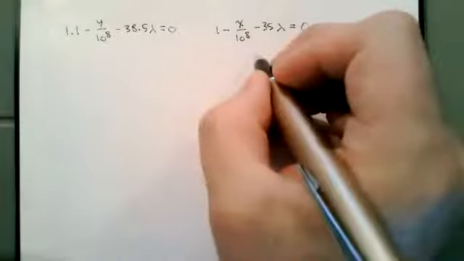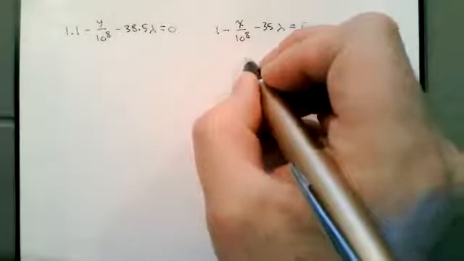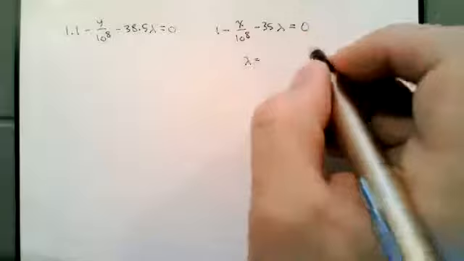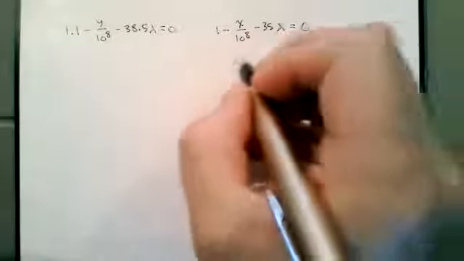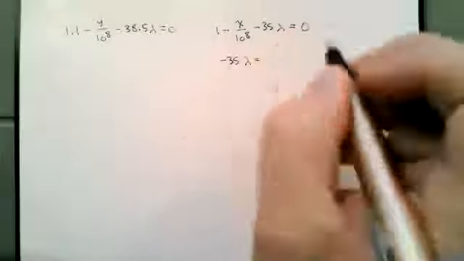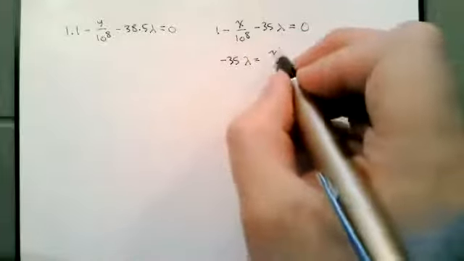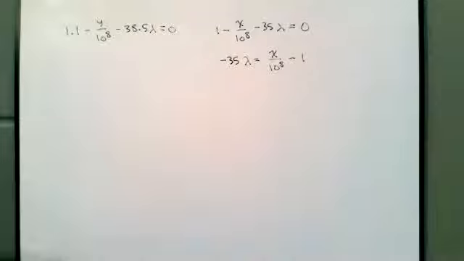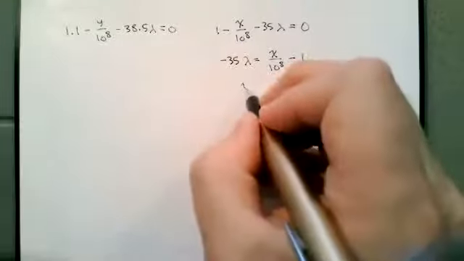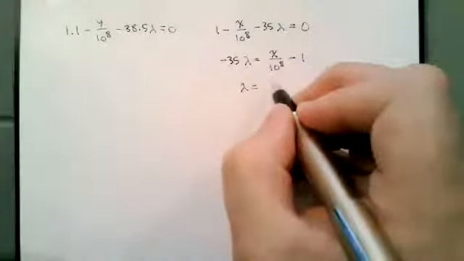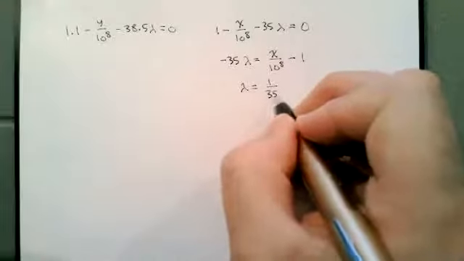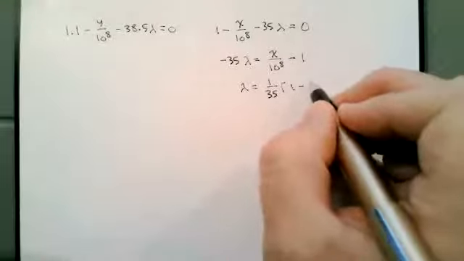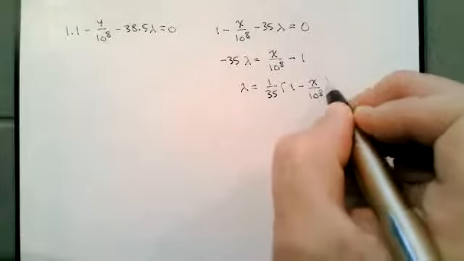So if we solve the second equation for lambda, if we move the x and the 1 to the other side and then divide by the negative 35, lambda is going to be 1/35 of 1 minus x over 10 to the 8th.